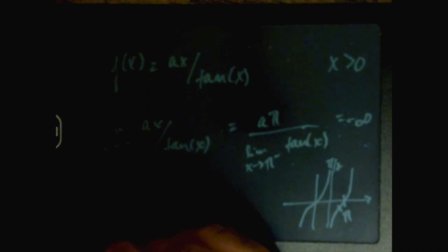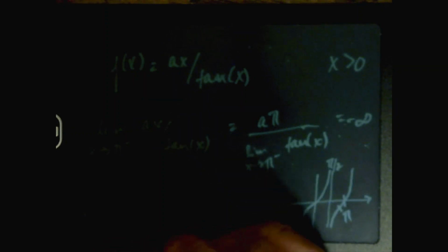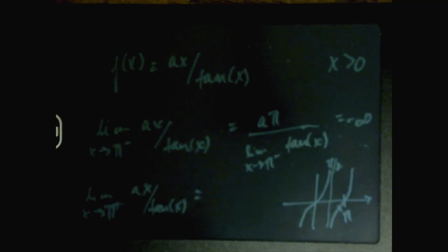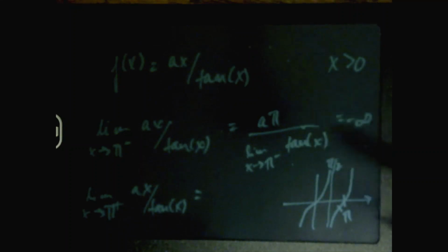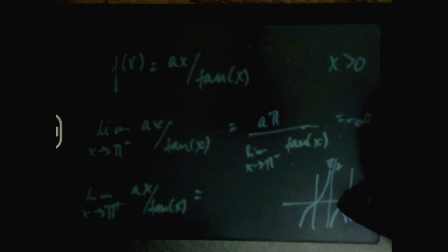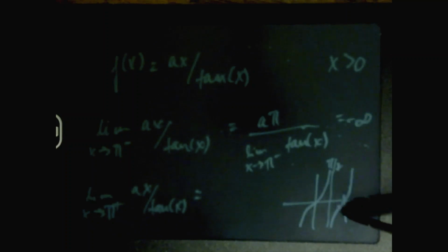Basically, if you look at the limit from the positive direction, it's ax over tan x, right? And without trying to simplify it, it's going to be very similar to this case. The only difference is that now we're a little bit beyond pi, right? So instead of being here, now maybe we're here, right?